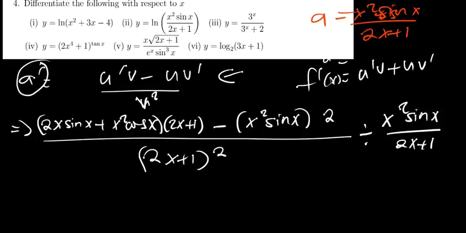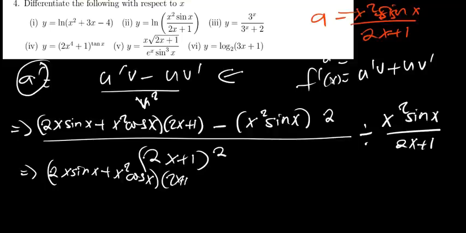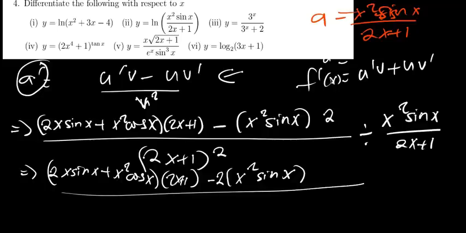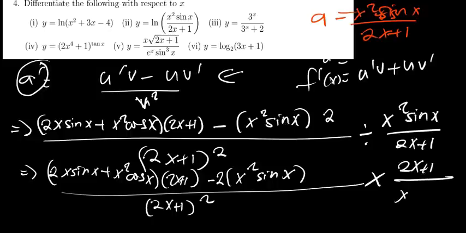Now I take the reciprocal: 2x sine x plus x squared cos x, times 2x plus 1, then minus 2 in front, x squared sine x, divided by 2x plus 1 squared. Now I've got 2x plus 1, and you get the reciprocal here, x squared sine x. What will be the final answer?